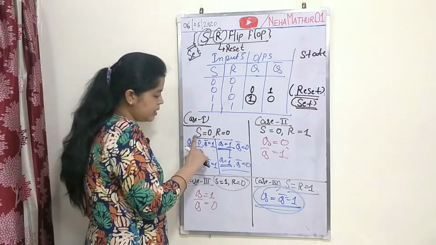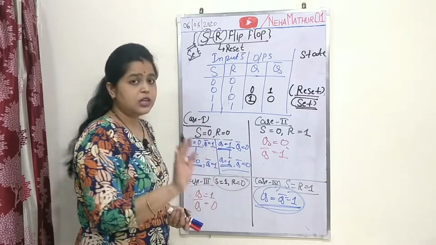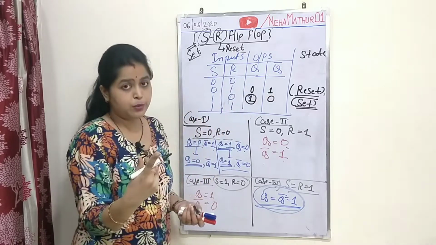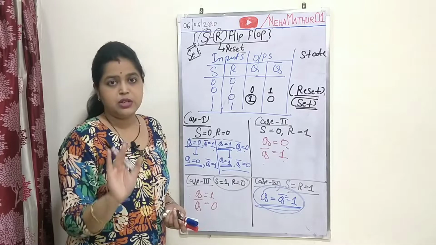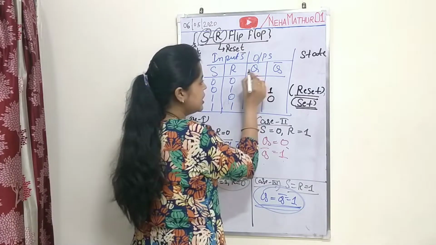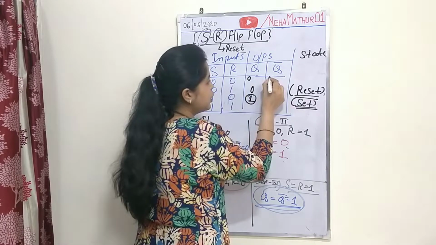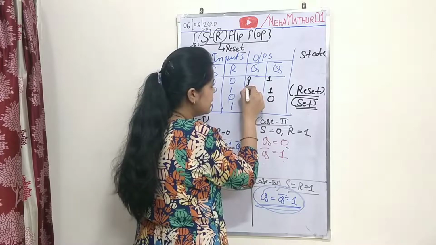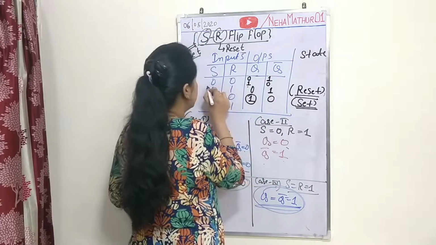Now come to the first case. When S is equal to 0 and R is equal to 0, you cannot calculate what your output will be without an initial assumption. If initially you take Q equal to 0, your Q bar will be 1, and if you initially assume Q is equal to 1, then your Q bar will be 0.